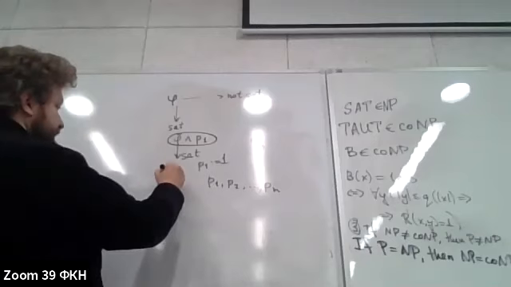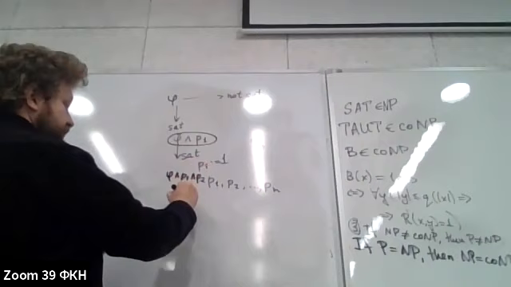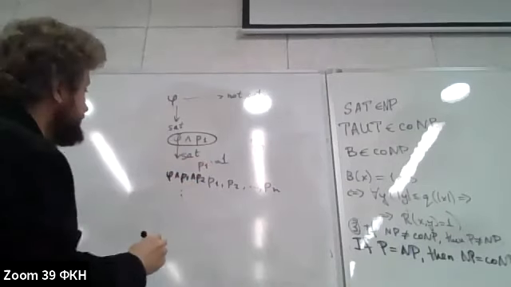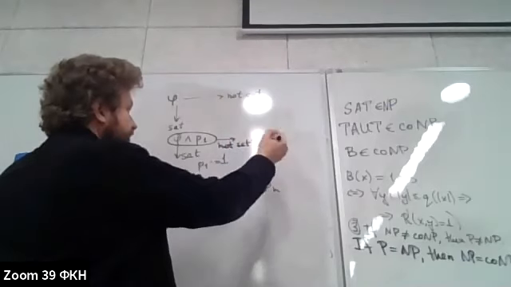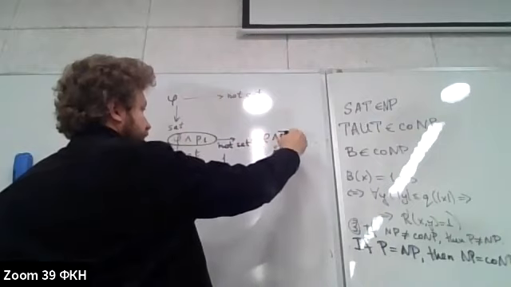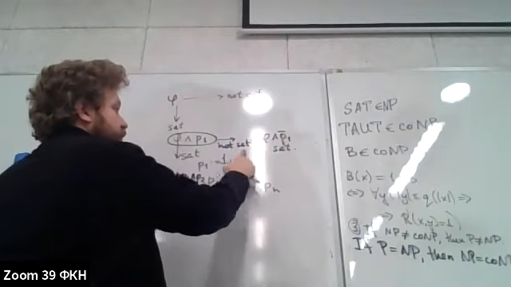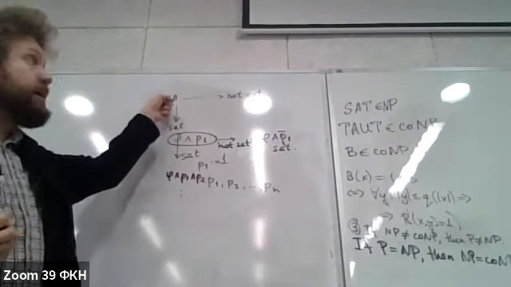So next you will try phi and P1 and P2 and check it. But what happens if this is not satisfiable? This means that the one with not P1 is satisfiable. Why? Well, because the formula phi is satisfiable. We have already checked.